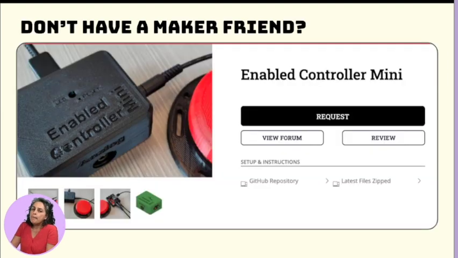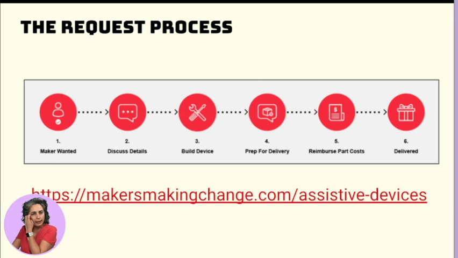devices. But what if you don't have a maker friend? You can request it. On the Makers Making Change website, if you find an item that is what you need, there's this handy little request button right there. And it starts you on the request process that looks a little bit like this. You indicate that you need a device.